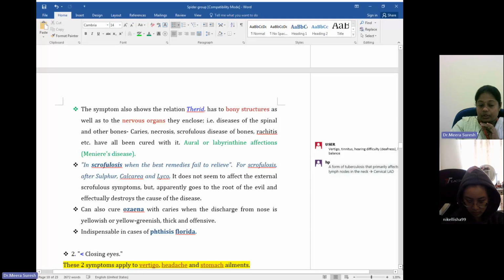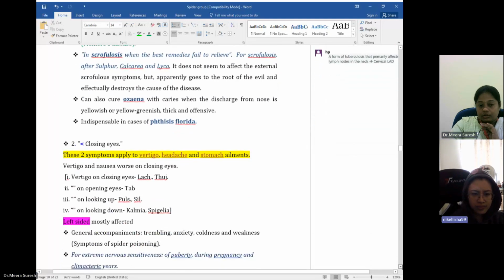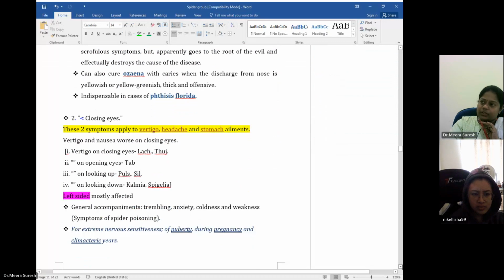You know what is phthisis florida? Phthisis is tuberculosis. So just make a guess. Phthisis florida. Let's make a guess.